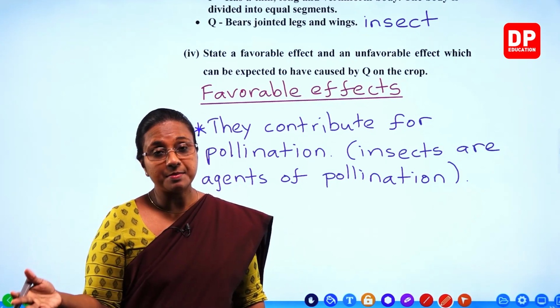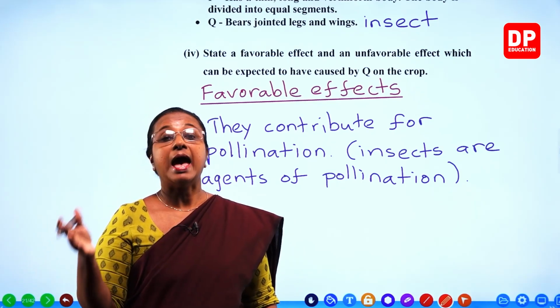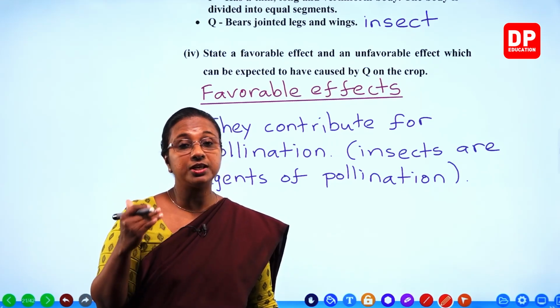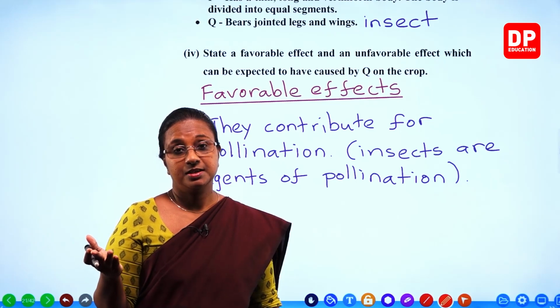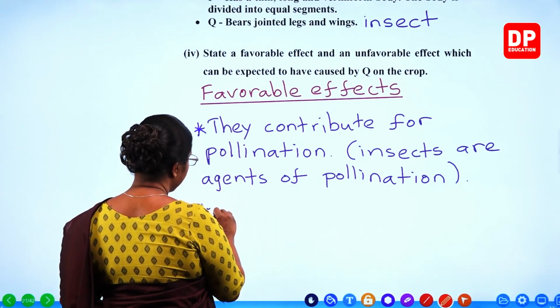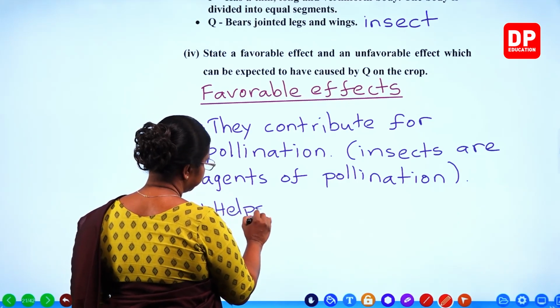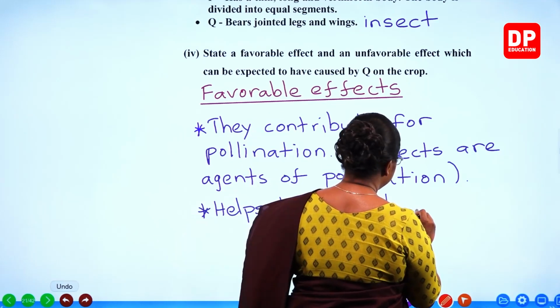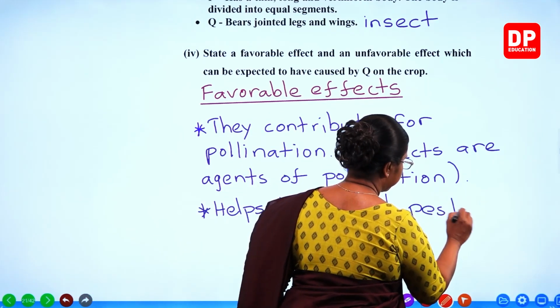Then you all can remember, students, now some insects act as pests. So there they come under unfavorable effects. At the same time, there are other insects that can be used to control pests. So that is a favorable effect. Helps to control pests.